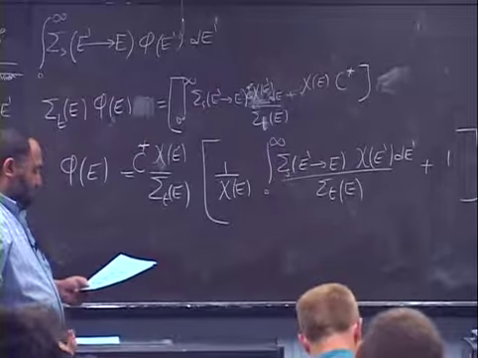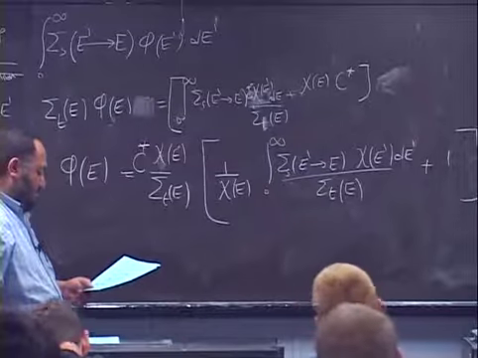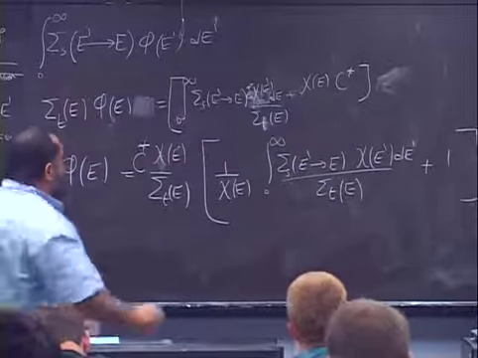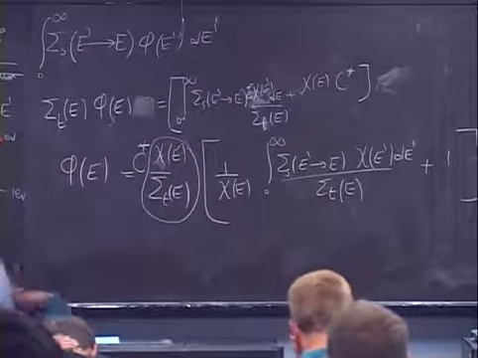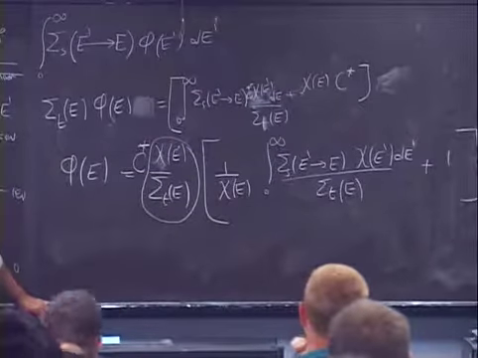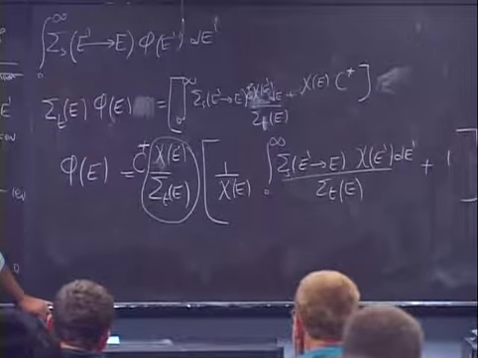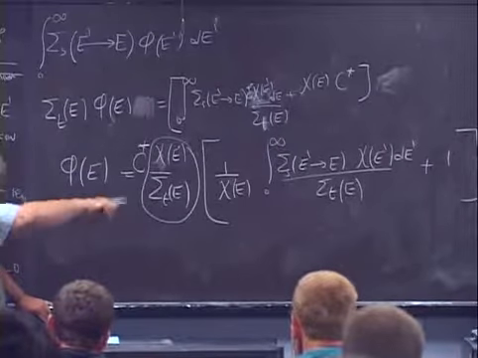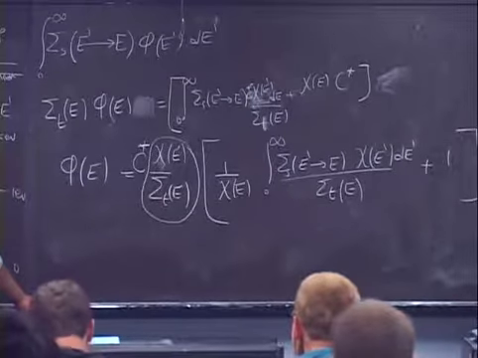So what's this? Chi of E over sigma total of E. I just defined it over there, and I told you this is the initial guess for the flux. Yes?